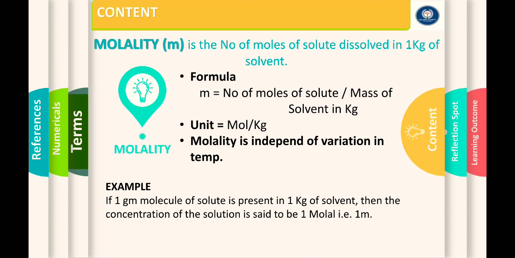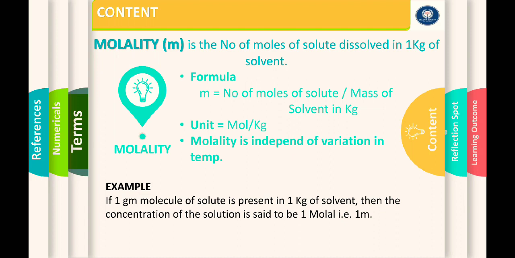Molality is denoted by the symbol small m, and the formula for molality is the number of moles of solute divided by the mass of solvent in kilogram. The unit of molality is moles per kg, and molality is independent of variation in temperature.